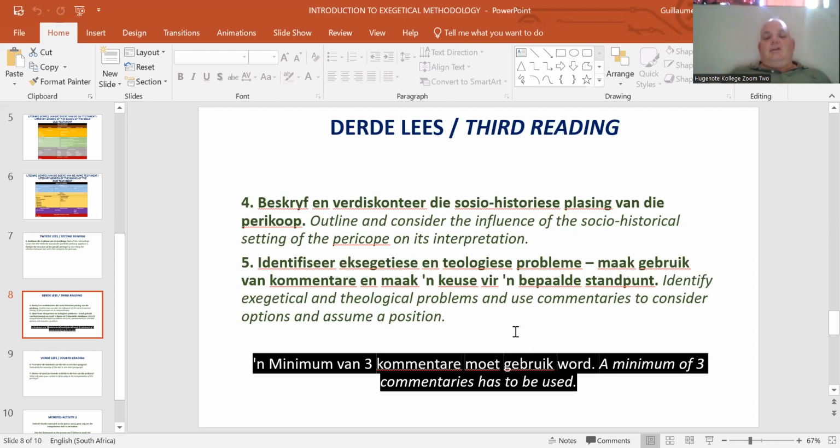You are going to identify exegetical and theological problems, stuff that doesn't make sense, stuff that is complicated, and issues that you need to look into. And that's where you must start using commentaries. Doing this BTH degree, where you are not necessarily learning how to exegete the texts from an original language standpoint, it is better to look at what other researchers and scholars wrote about the text that you are studying. I would like to suggest that you normally use a minimum of 3 commentaries.